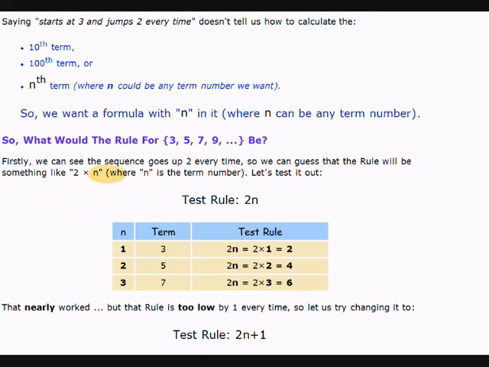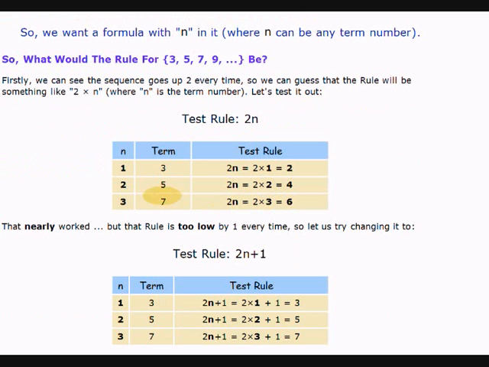So we have the term number. Let's test it out. Here the term n is 1. The term value is 3. 2n equals 2. The value is 5 though.